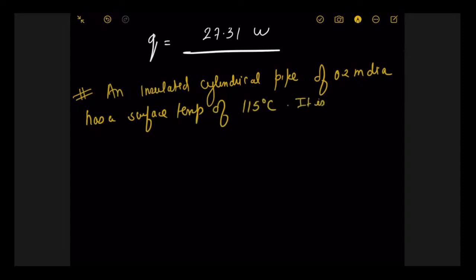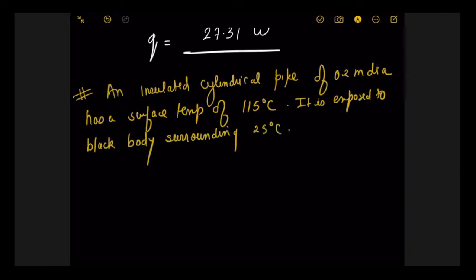It is exposed to a black body surrounding of 25 degrees centigrade. Emissivity and alpha are 0.96 and 0.93.